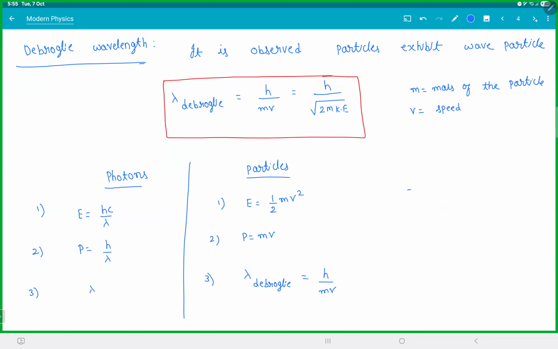That's a bit of a thing about the photons. Let's see some questions. Any doubts so far? Going ahead. Let's see a question.